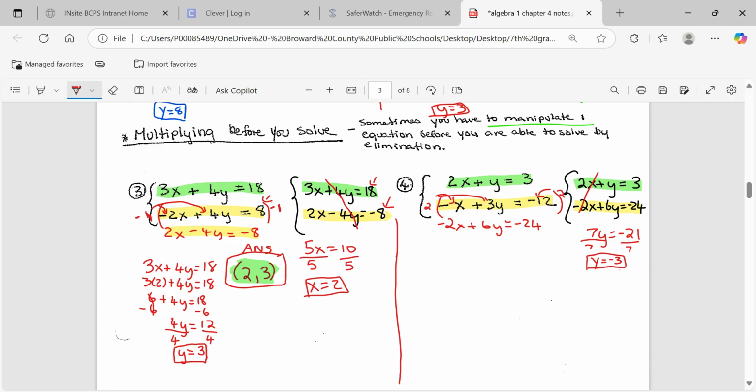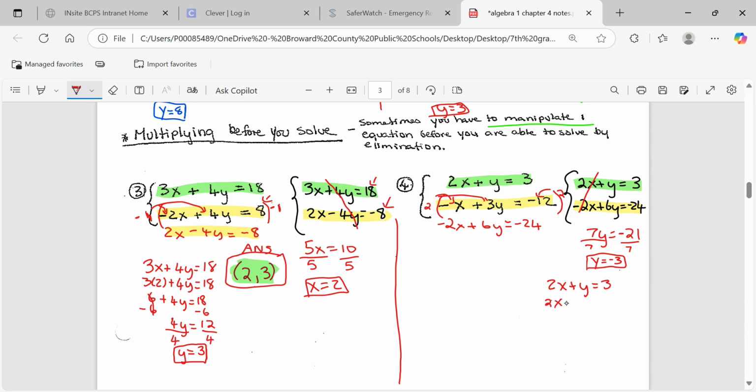Now that I know that y is equal to negative 3, I can use any of those 4 equations to find out what x is because they're all a part of the system. So I'm going to use the green one just because, again, the green one tends to be there all the time. So I'm going to go 2x plus y is equal to 3. And now I know y is negative 3.